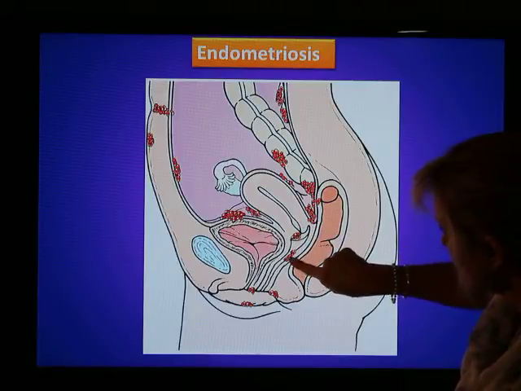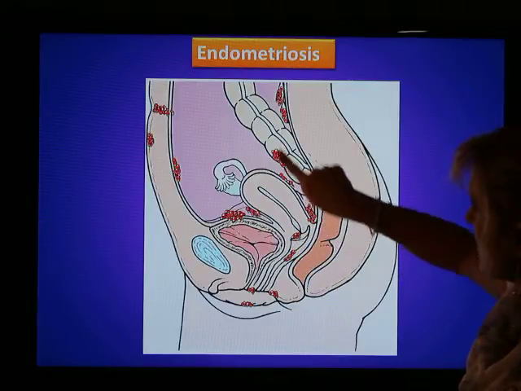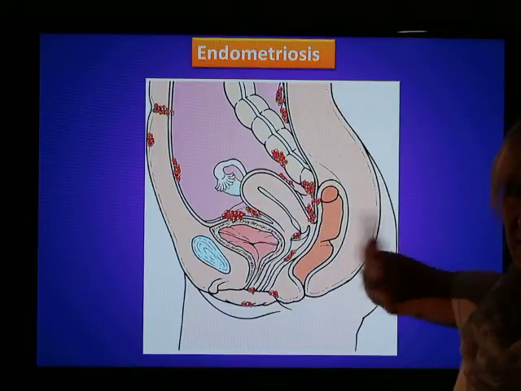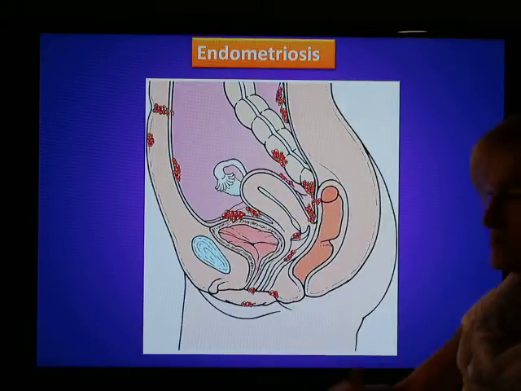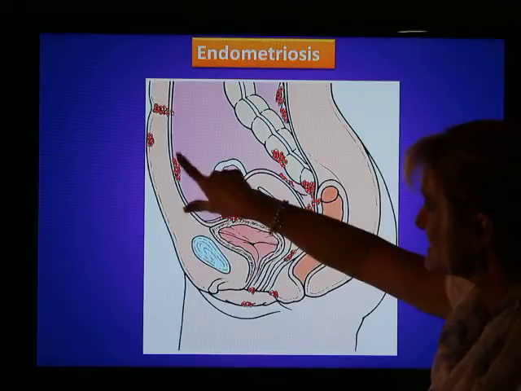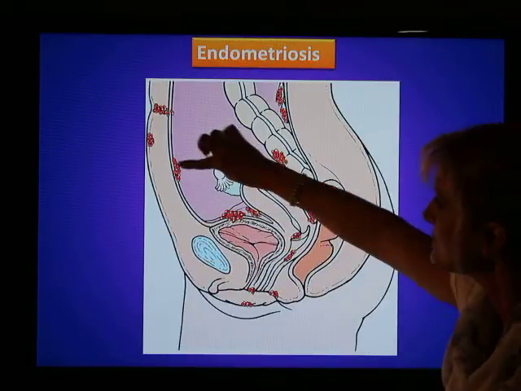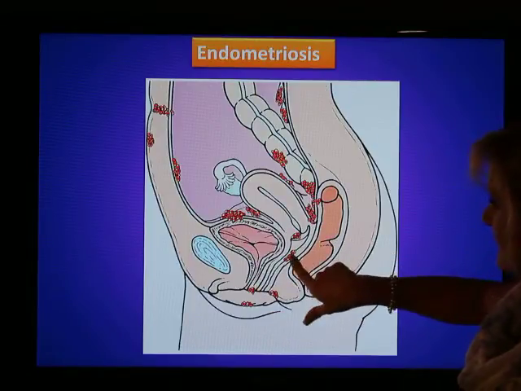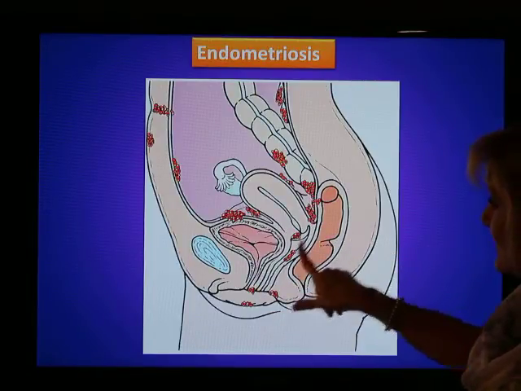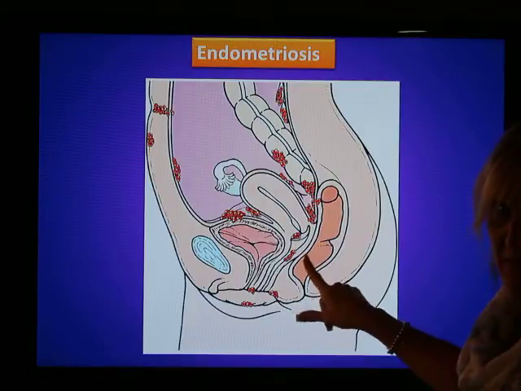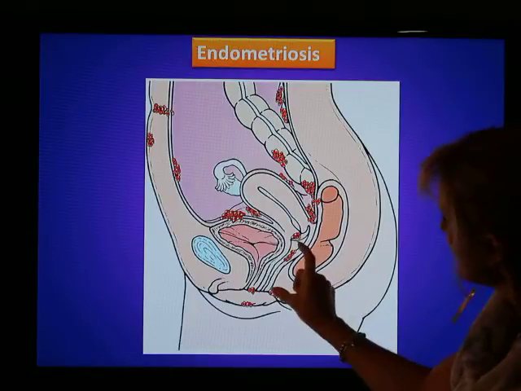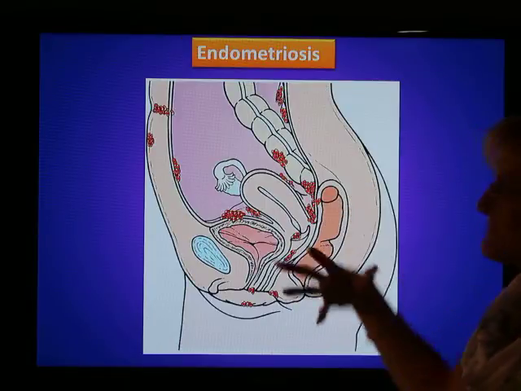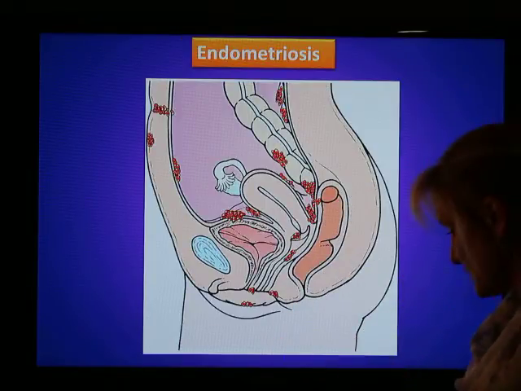Well, what happens is you can get little pieces all up in here, and all of these little pieces will respond exactly the same way to the ebbs and flow of estrogen and progesterone, and then when they start sloughing off, there's nowhere for it to go, so it'll bleed like down in here, can bleed like into the vagina. Stuff like this makes intercourse very painful because it's right in here, the vaginal canal where intercourse occurs. So it's a very, very difficult problem to treat.